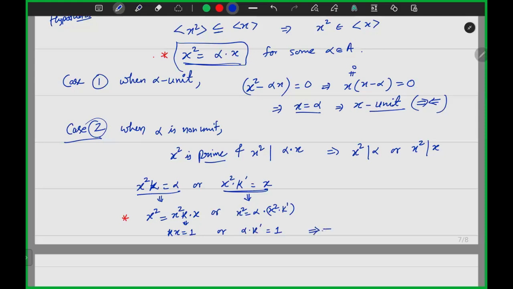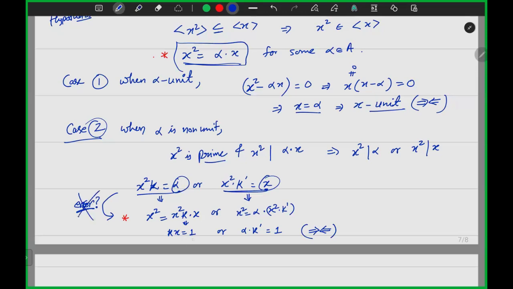So this is a contradiction. In this step, everything is correct, right? From here to here. We are just putting the value of alpha and the value of x. There is no error. Yes.